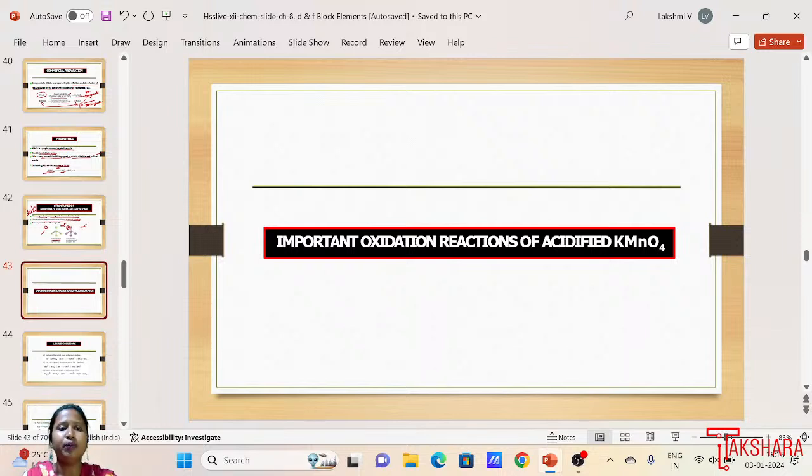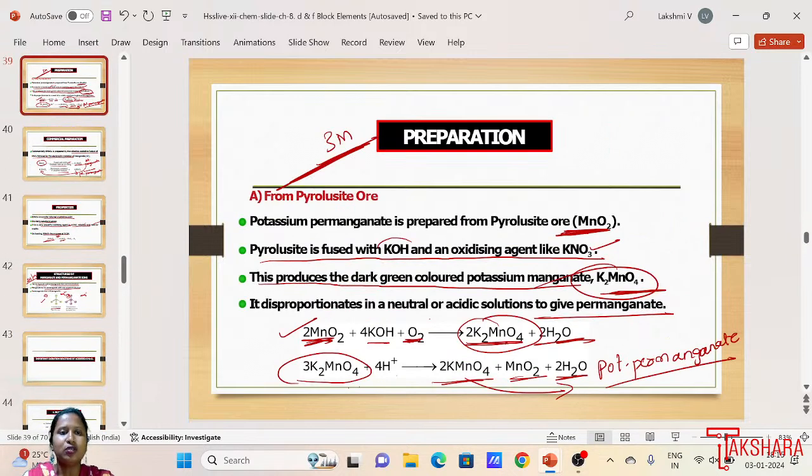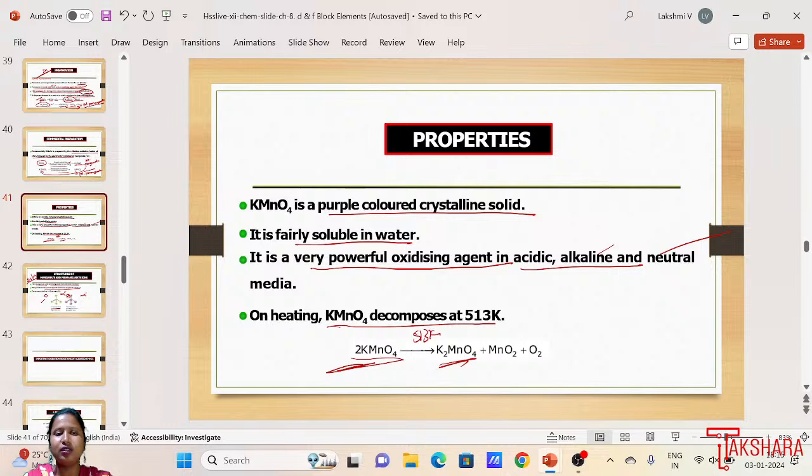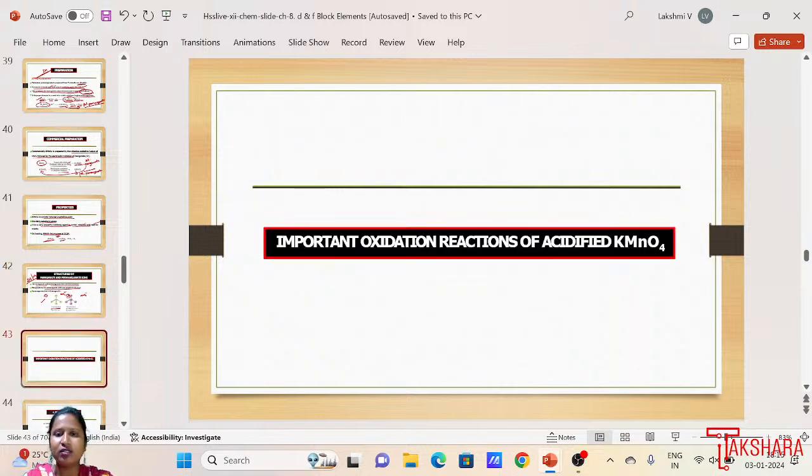How to prepare it, the commercial reaction, and the properties and structures of manganate and permanganate ions were also discussed in the previous class. The next concept is the important reactions of acidified KMnO4.